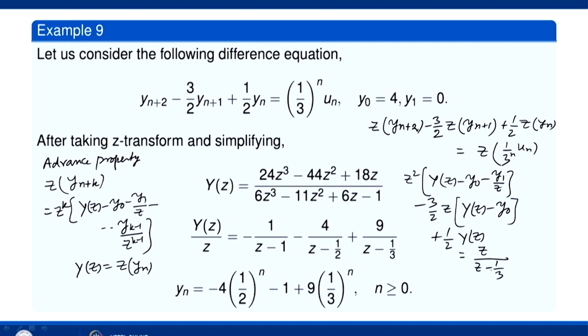Okay. Now, y(0) is equal to 4, y(1) equal to 0. Okay. So, putting the values of y(0) and y(1) and simplifying this equation, we will get the value of Y(z). Okay. So, the coefficient of Y(z) is Y(z) times Z square minus 3 by 2 Z plus half.